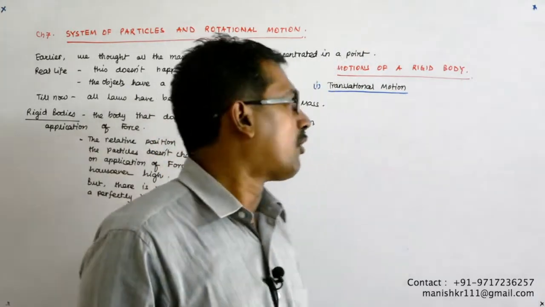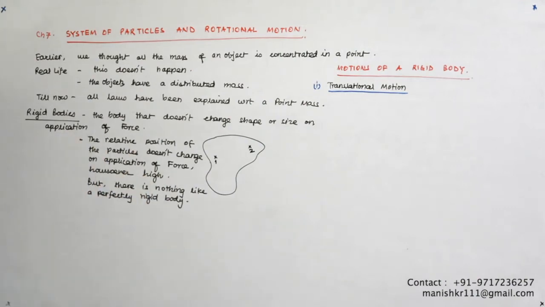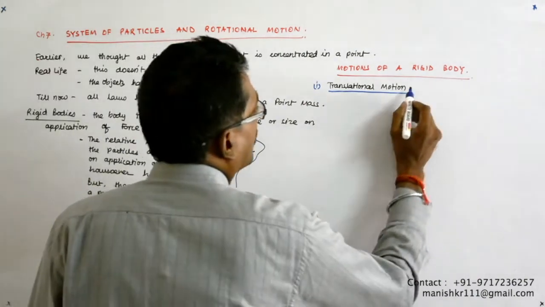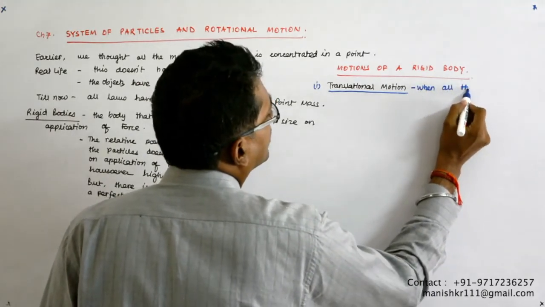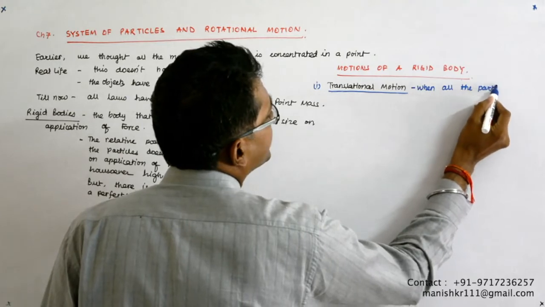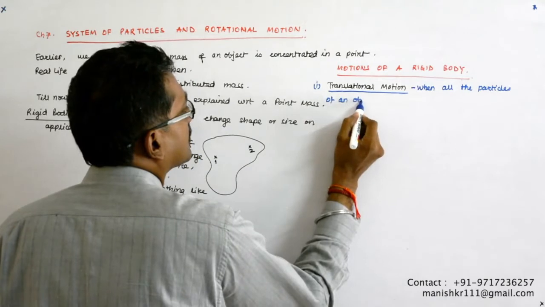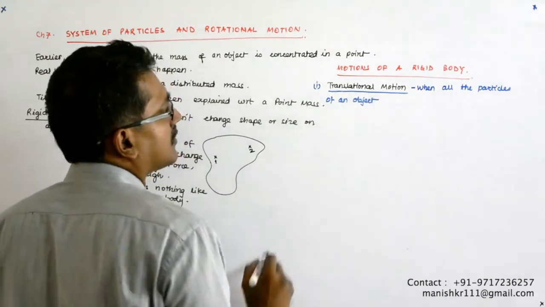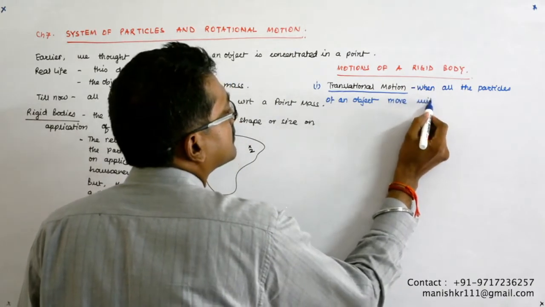Fine. So when do we call a motion a translational motion? When all the particles of the body, when all the particles of an object move with the same velocity.